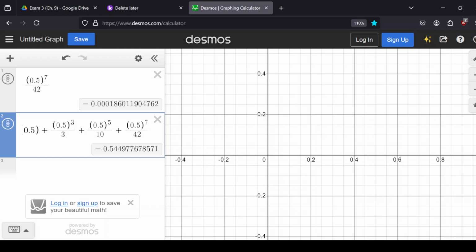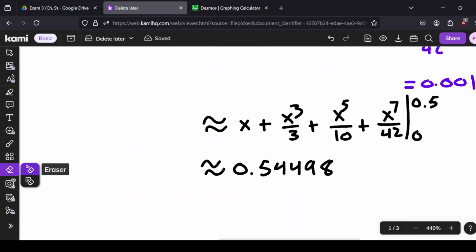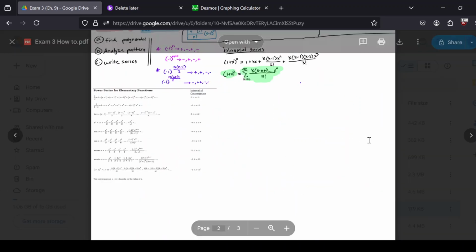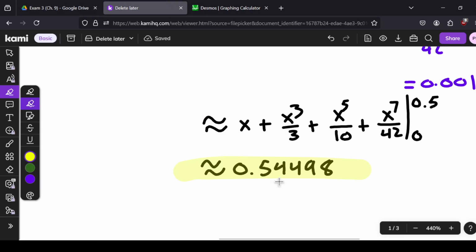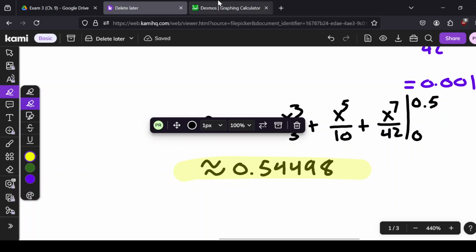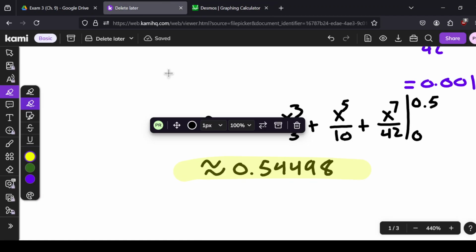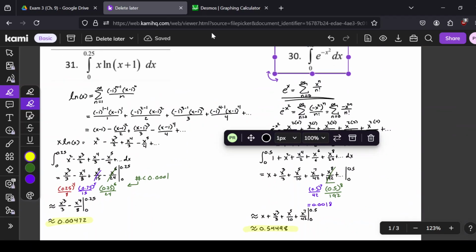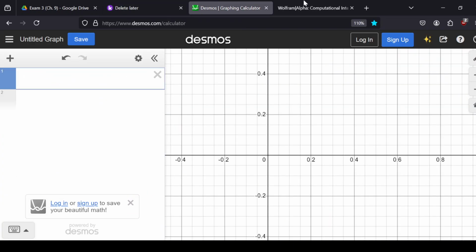Call it 0.545, 8, because it rounds up. Alright. Let's see what I got before. 0.545, 54. Yeah, I want to make sure I'm rounding it correctly, because I should just be doing what the calculator's doing.